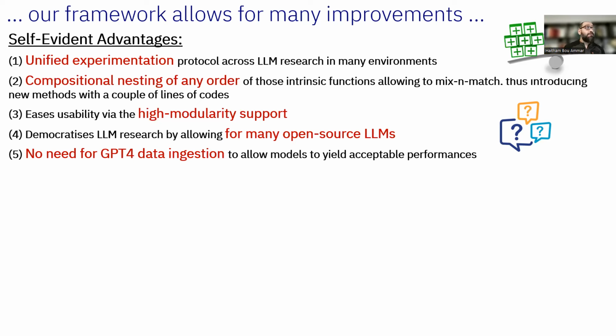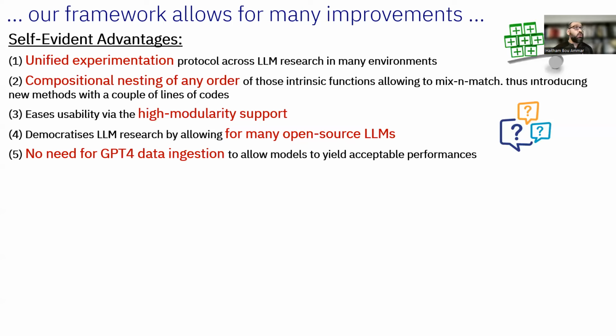We can also have compositional nesting of any order, and that allows us to have a high modularity design for our agent. Because now you might decide to nest this way versus that way, and that could automatically lead you to a new method you didn't try before in the literature.